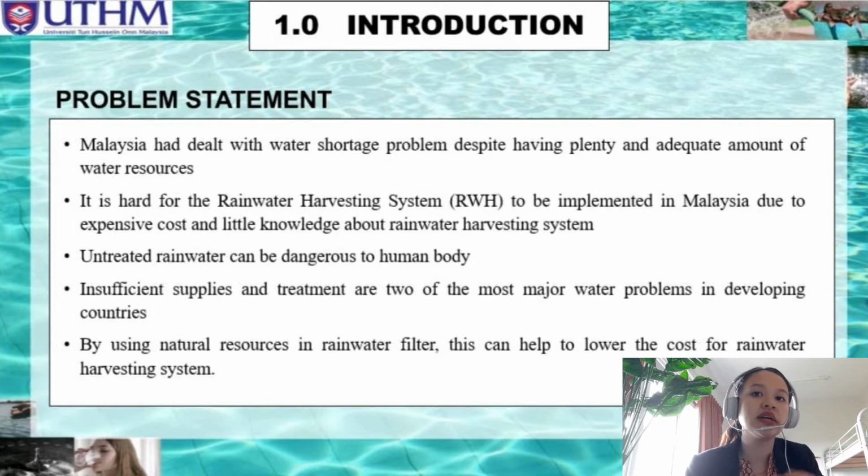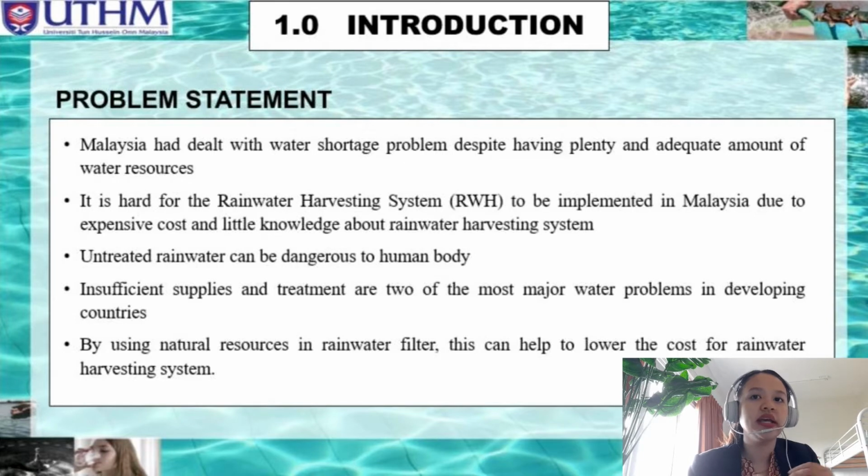Next, the problem becomes very significant when a rainwater harvesting system is not being implemented well in Malaysia due to its expensive costs and also very little knowledge regarding the rainwater harvesting system itself. If the rainwater is left untreated, it will also be dangerous to the human body. That is why this project becomes very significant.